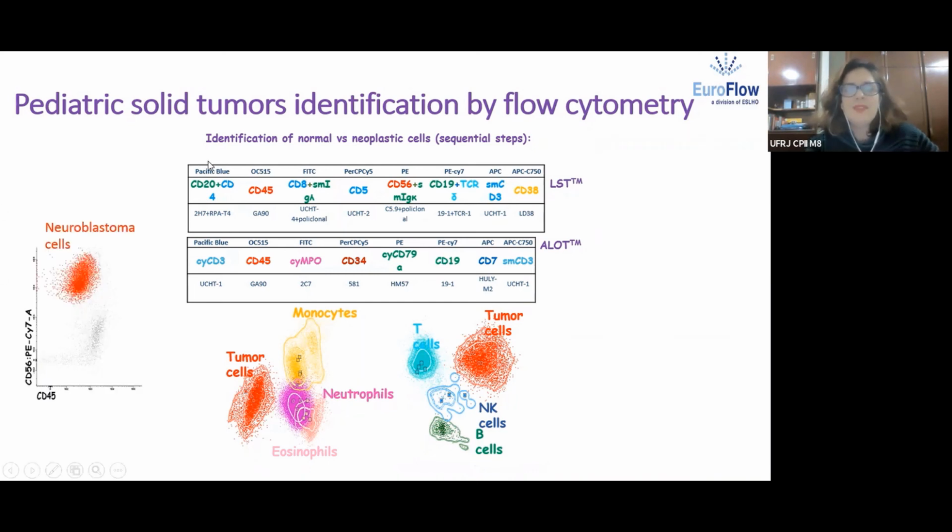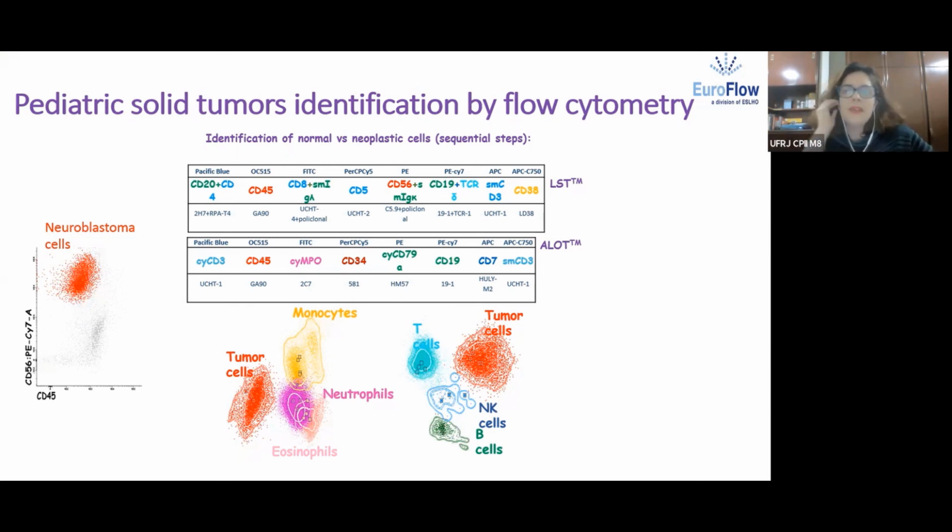The most useful markers at that time were CD45 and CD56, to identify cells with high expression of CD56 without expression of CD45. They are completely different from monocytes, neutrophils, eosinophils, and all hematopoietic cells, also from lymphoid cells.